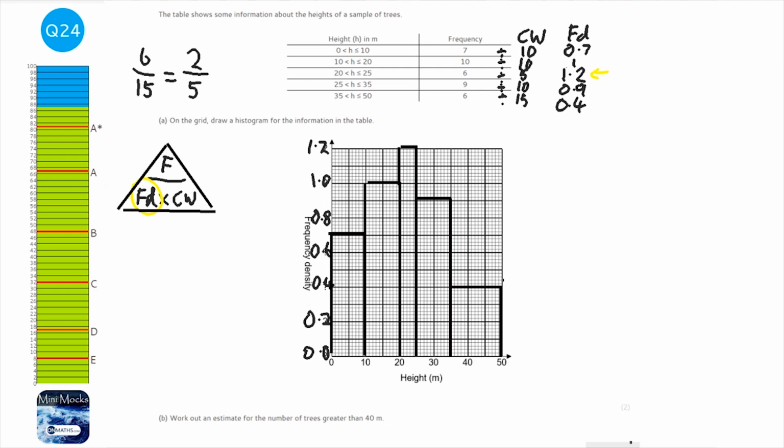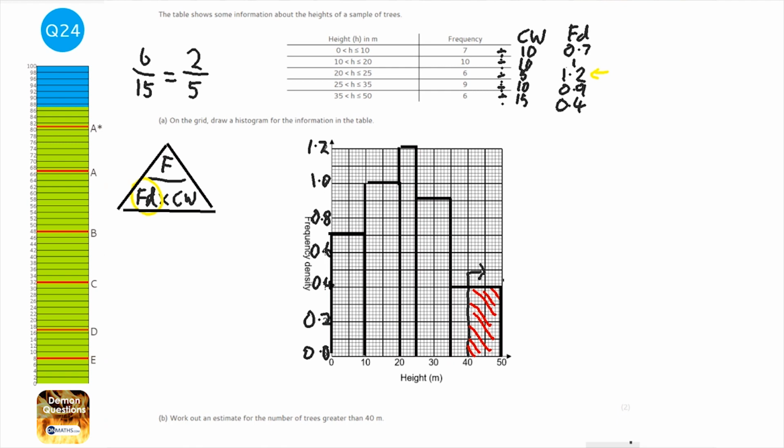Okay, so let's have a look at the next question. The next question says work out an estimate for the number of trees greater than 40. So if I draw a line up at 40, we're looking for these guys. Now the total frequency of that bar is 6, and I've drawn a line that cuts off, if I shade it in, a third of it, so it's gone a third of the way.